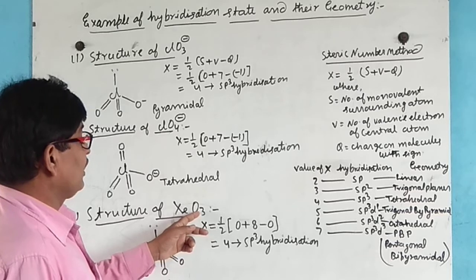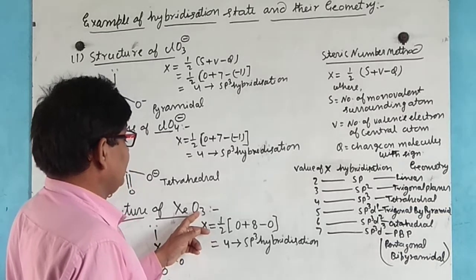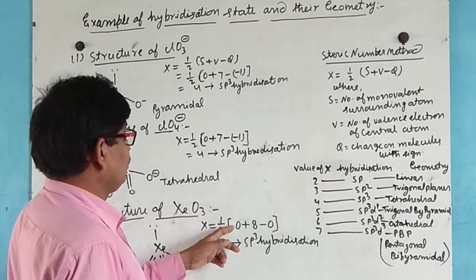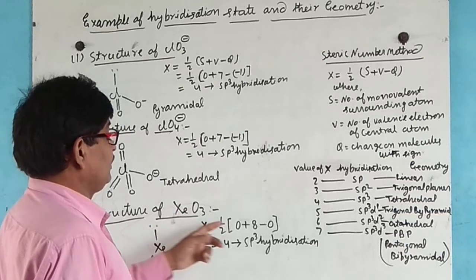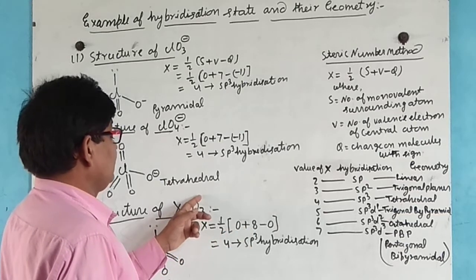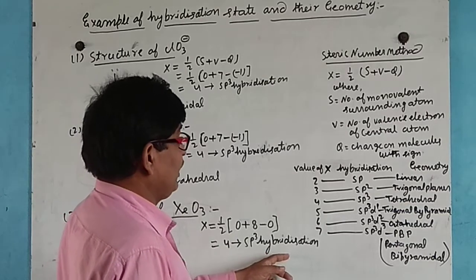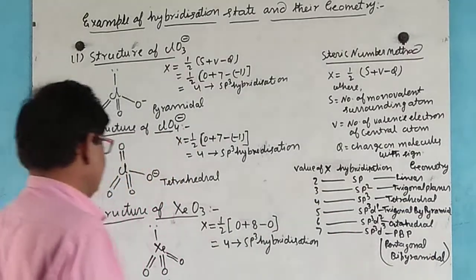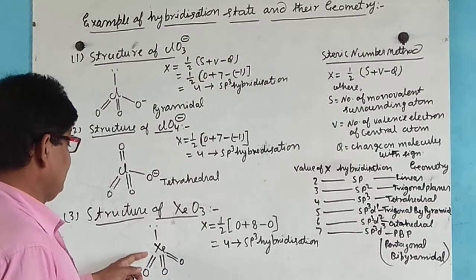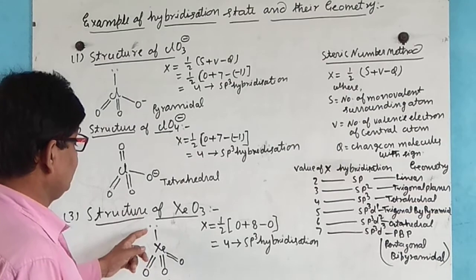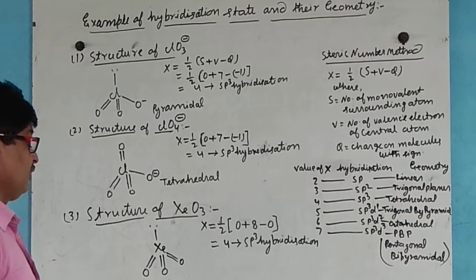S, the number of monovalent surrounding atoms: oxygen is divalent, so S equals 0, and the valence electrons of xenon is 8, and the charge is 0, so X is 4, sp3 hybridization. Here Xe has a lone pair, and this is sp3 hybridization.